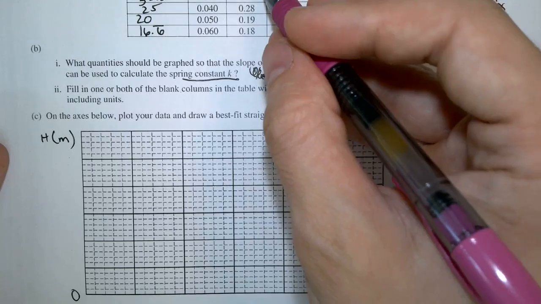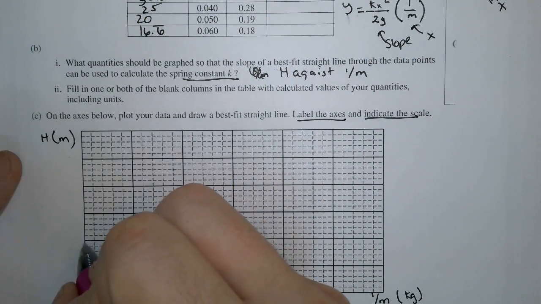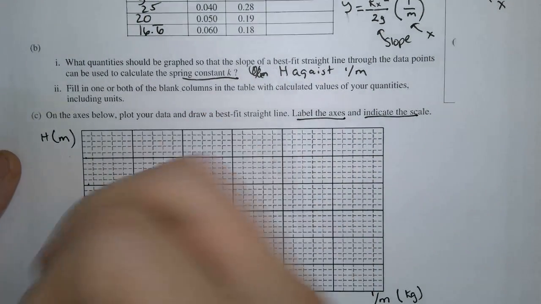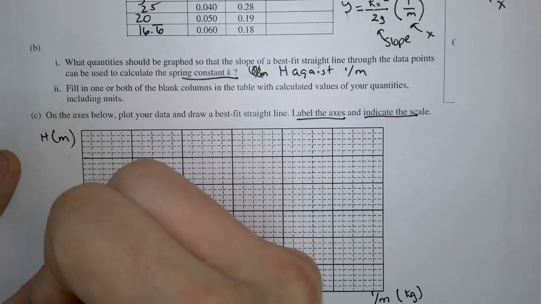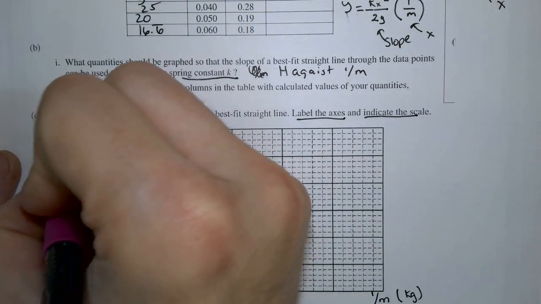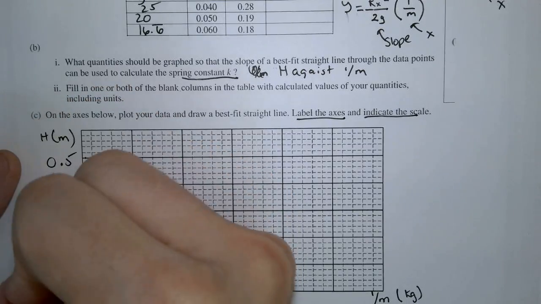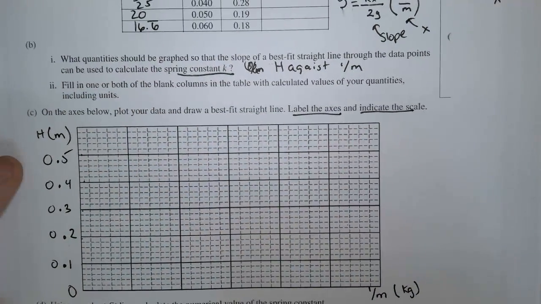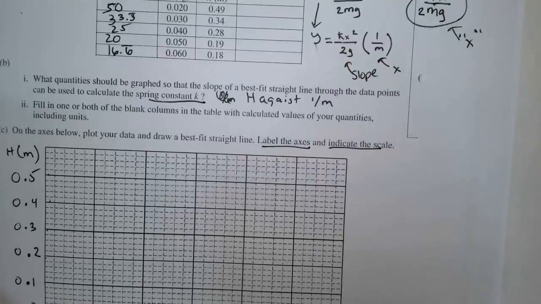So if we've got to go up to 0.5, essentially, we got 0.1, 0.2, 0.3, 0.4, 0.5. I think that is a good scale. And if you want to put zeros in front, you can. You do not have to put kilograms, because that would be ridiculous, or meters.